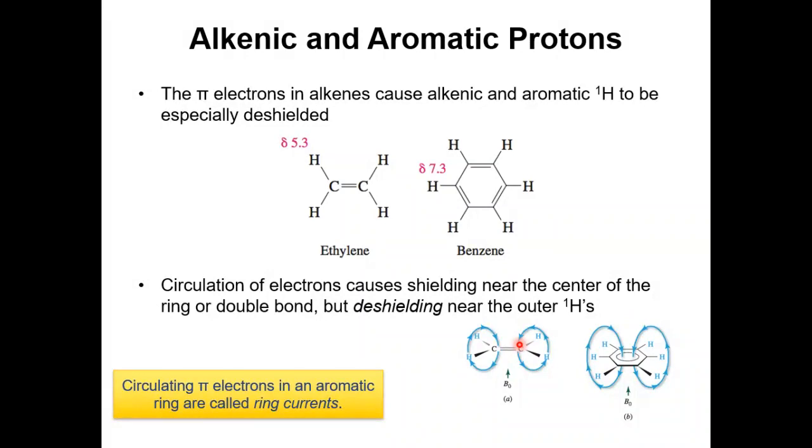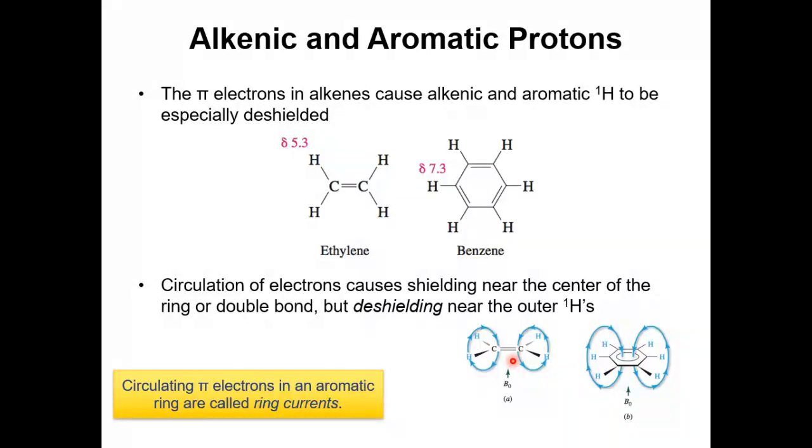But this pointing down only happens in the middle of the circulation, because assume this is a pi bond. So the circulation of the electrons generates the field against the external field in the middle of the circulation. Circulation is here.